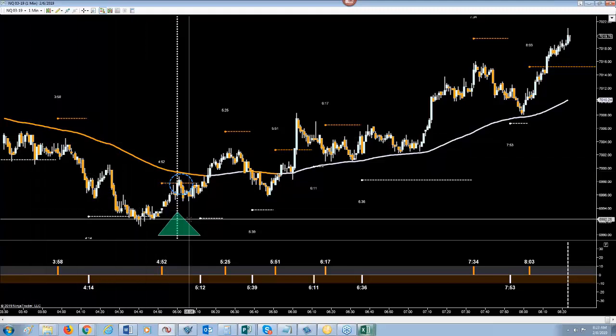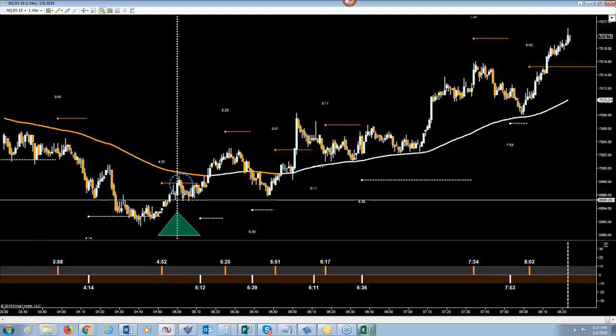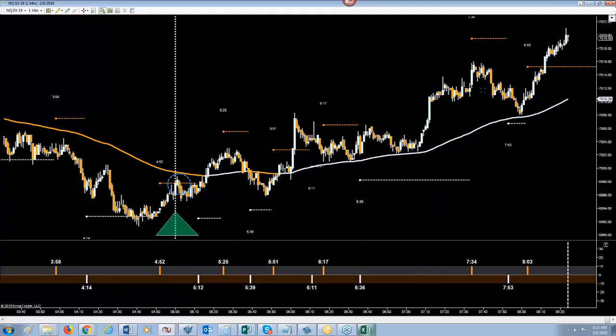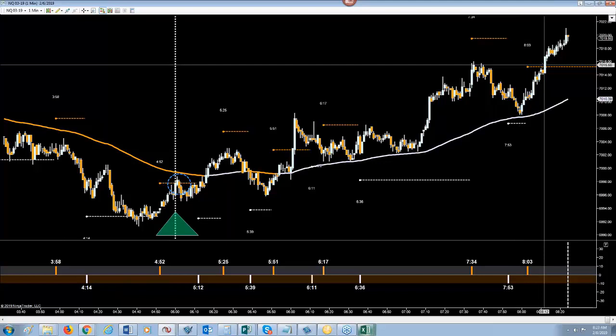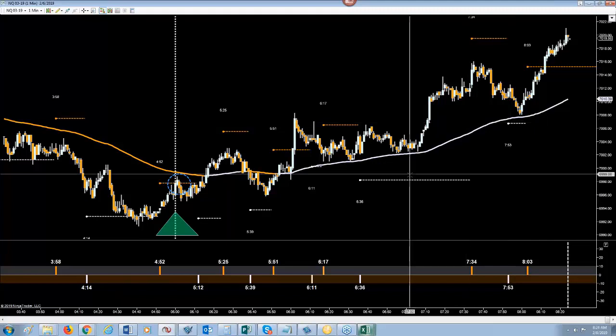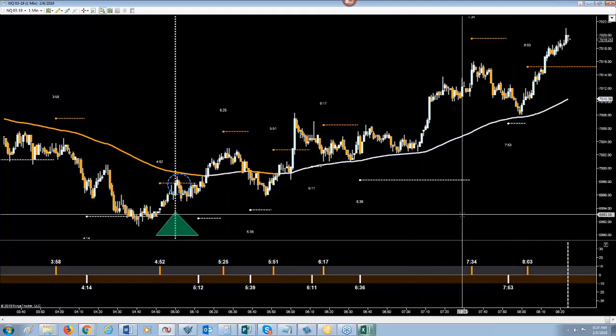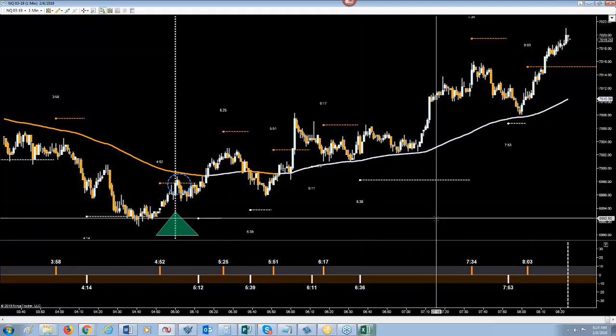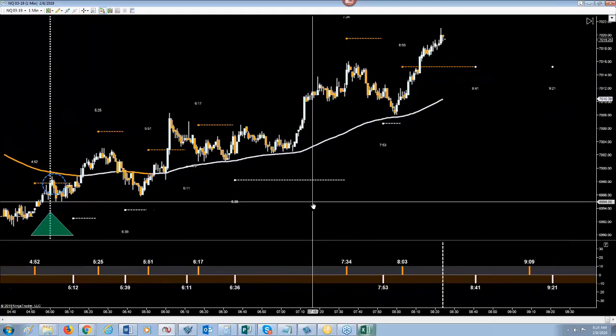When the seesaw moves to the other side and buyers are pushing through these selling pressure time stop lines, we're only taking longs. Okay. So in the case of this chart, that technique is definitely valid as of now.